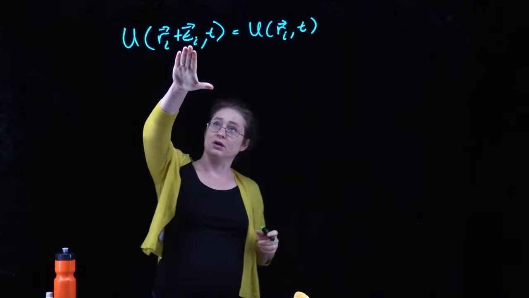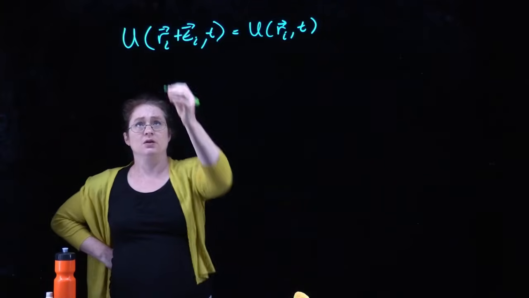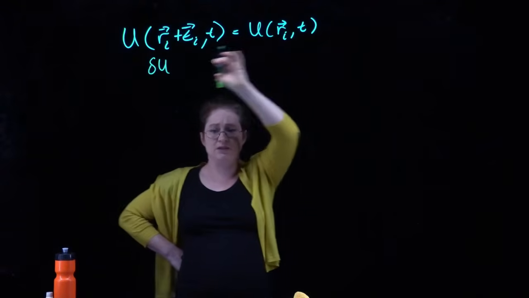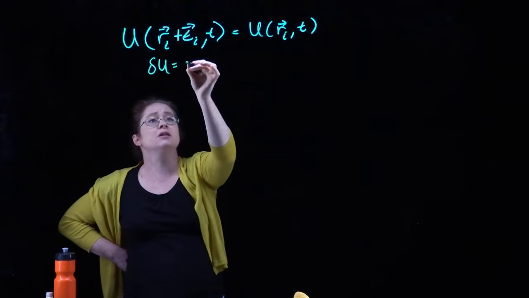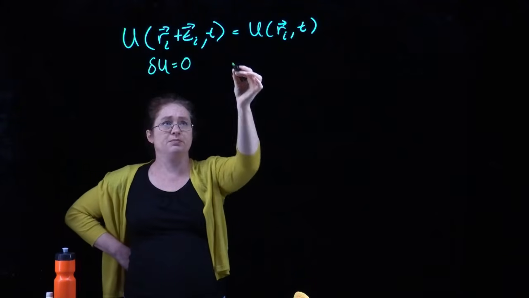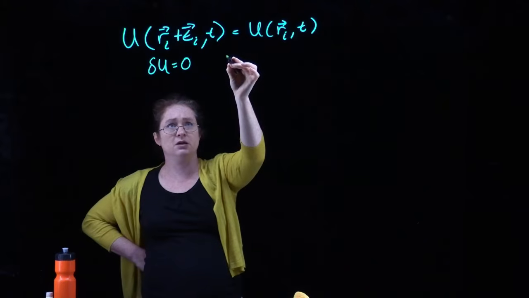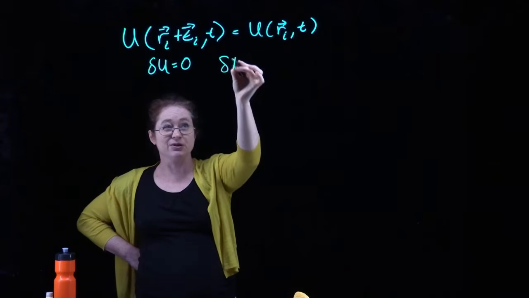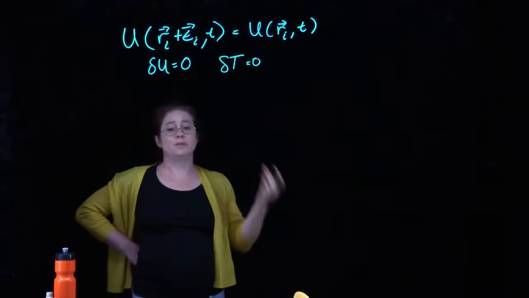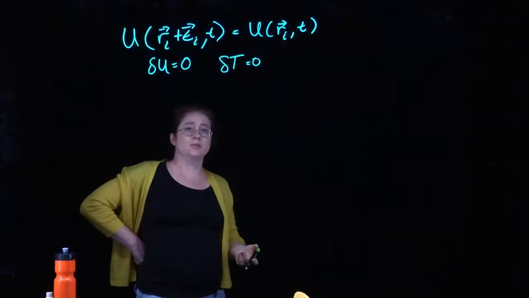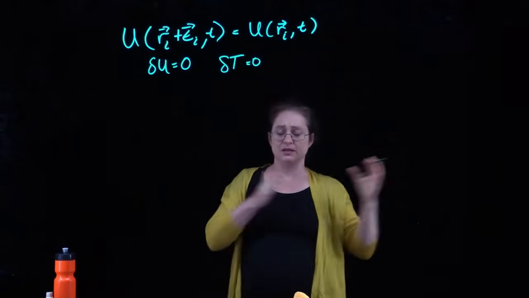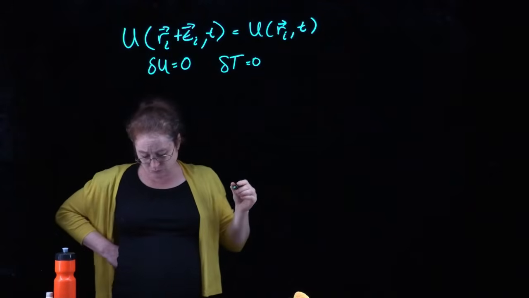So if we have, under this type of variation, our change, so we're slightly shifting the system translationally, then the change in the potential energy is 0, and the change in the kinetic energy is then also 0, because you only depend on the derivatives of the coordinates, and the derivatives are not explicitly dependent on the position.